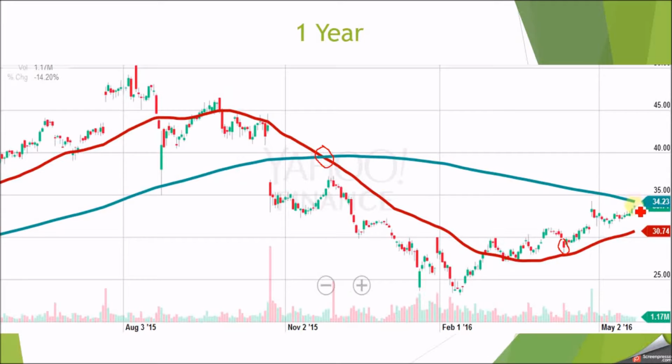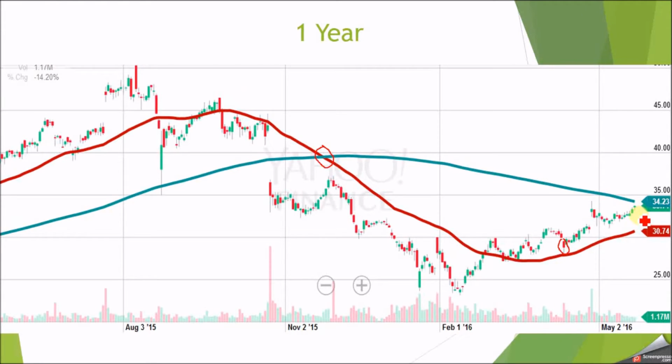And what I would like to see, since it's not yet above its 200-day moving average, is I'd like to see it come down a little bit and test this 50-day moving average. Over the next few days, maybe this 50 will move up, this will come down at all.